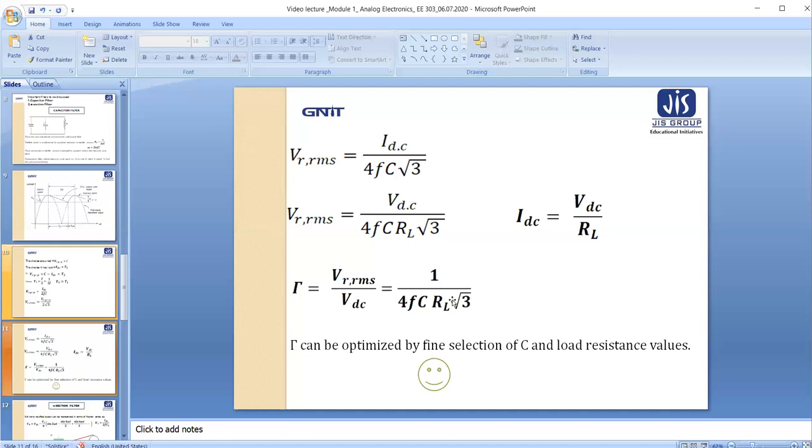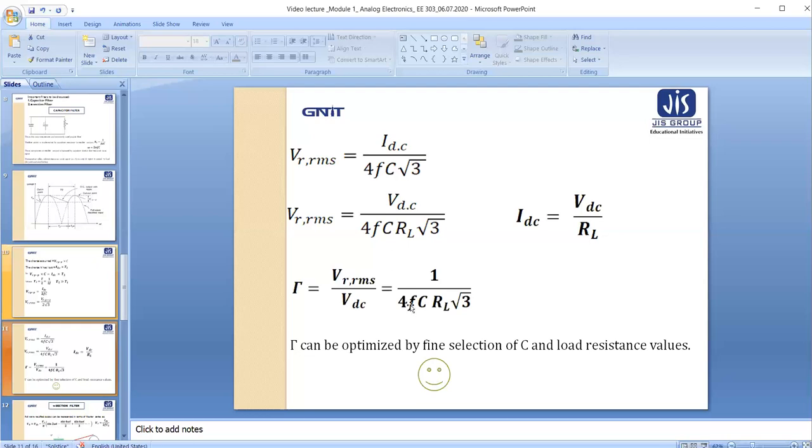Now in this case, there are two cases. If I have increased the frequency very high, like tens or hundreds of kilohertz, then what will happen? F will be sufficiently high, so we do not need to increase C very much.